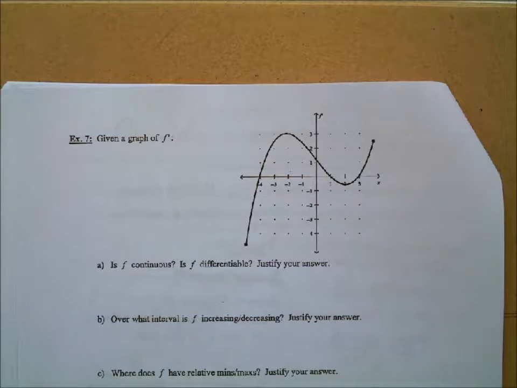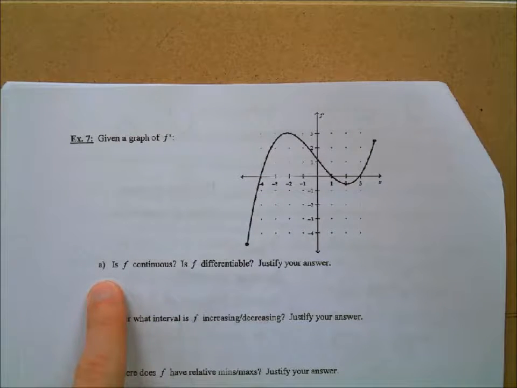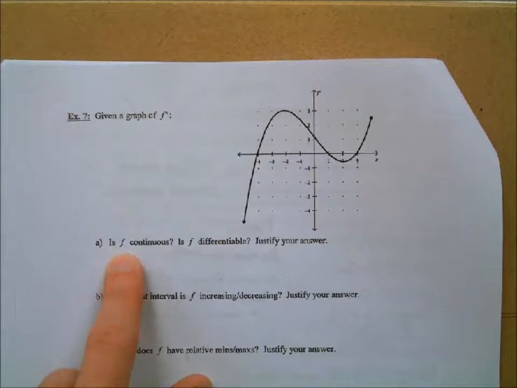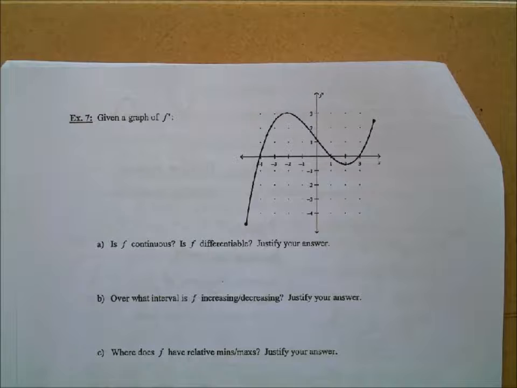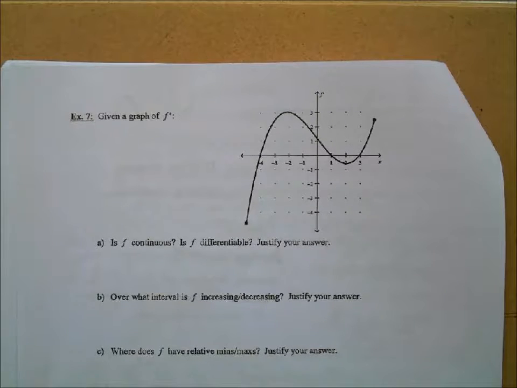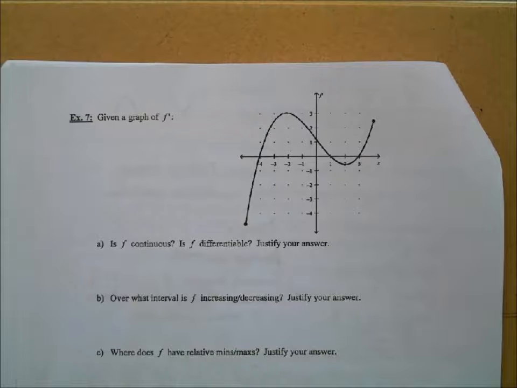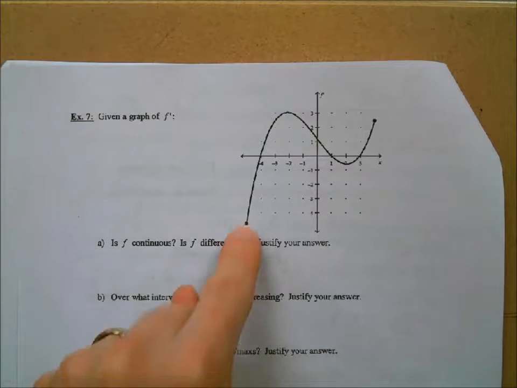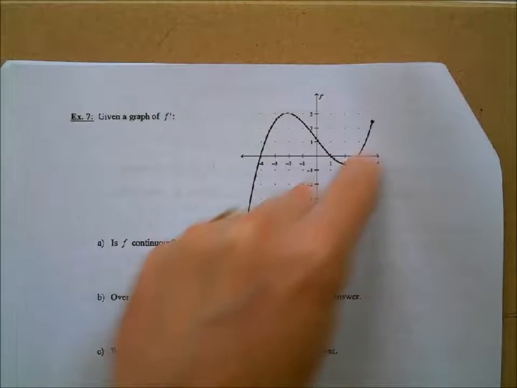Letter A asks, is f continuous? How do we know? Because it's differentiable. How do we know it's differentiable? Be careful. F prime of x is also differentiable, I guess, but the graph of f prime here is continuous.